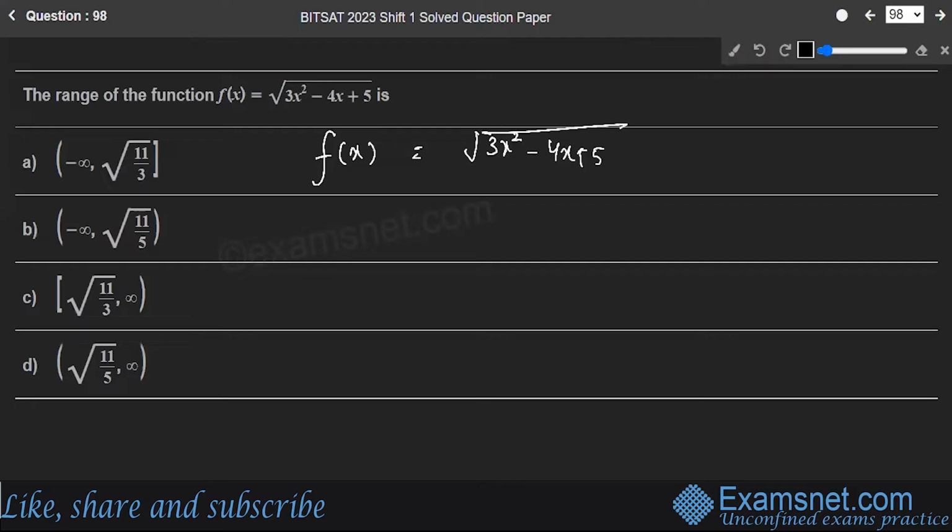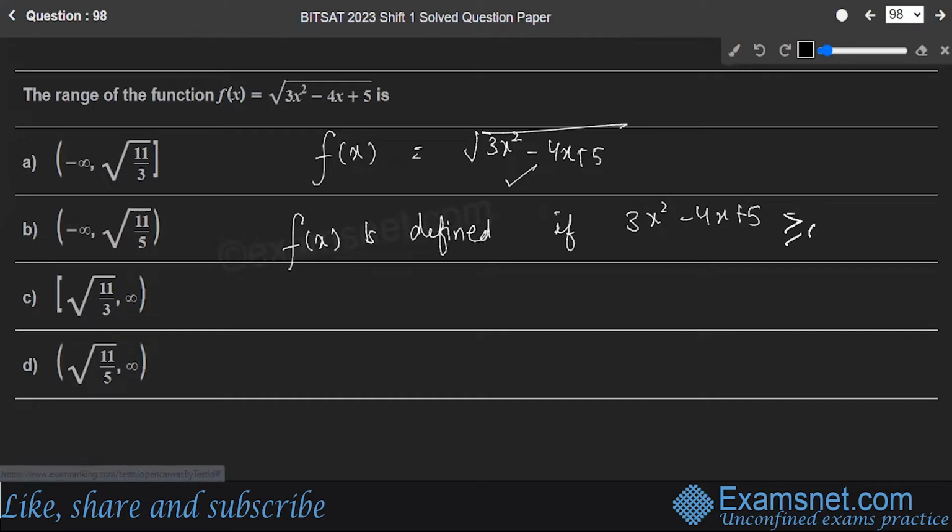Now this f(x) is defined if 3x square minus 4x plus 5 is greater than or equal to 0. You can't have a negative value under the root. So let's take 3 common. You will have x square minus 4 by 3 x plus 5 by 3 is greater than or equal to 0.